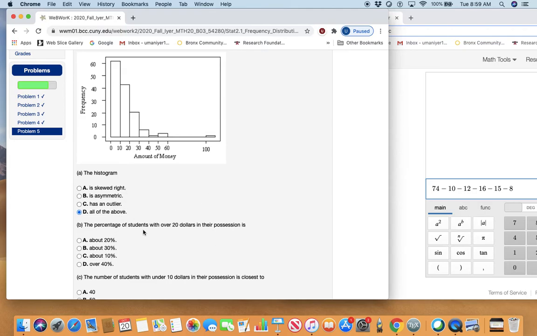Now the percentage of students with over $20 in their possession. So $20 is here, amount of money, more than 20. So let's say this is 20. 20 plus looks like that's 5, 25. That looks like 1 or 2, say 26, plus a few, right? 4, say 30, and someone here, 31 or 32.